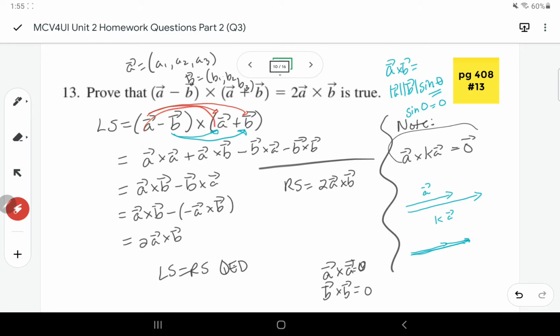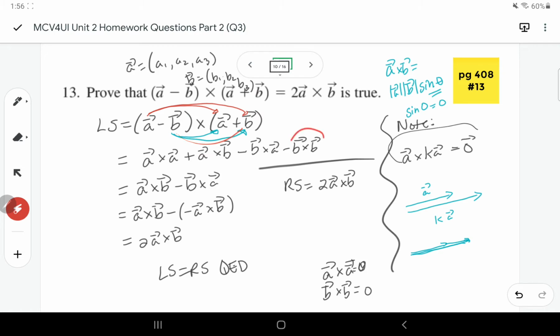So we get A cross A and A cross B here from the red arrows. Then we get minus B cross A, remembering that we can't just, like we do when we're foiling an algebraic expression with real numbers, we can't do that with cross product and vectors. These two are not the same thing.